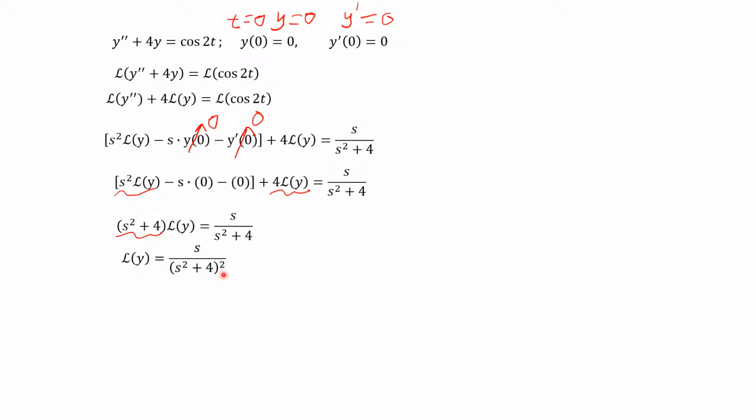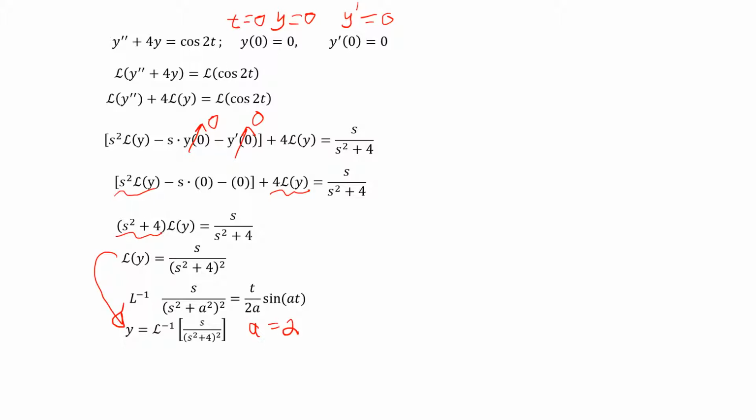Remember that the inverse of s over (s squared plus a squared) squared is t over 2a sine at. It was shown in the table. So your y is the inverse of s over (s squared plus 4) squared, where your a is 2.